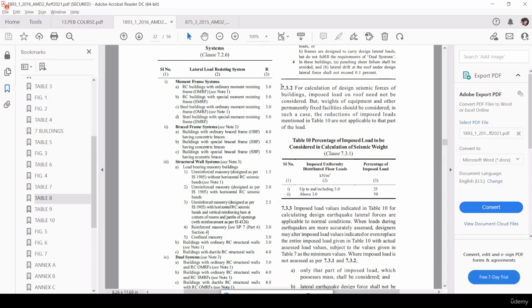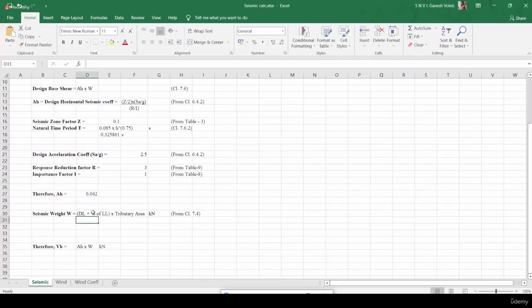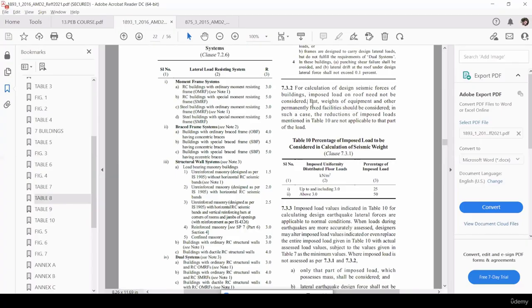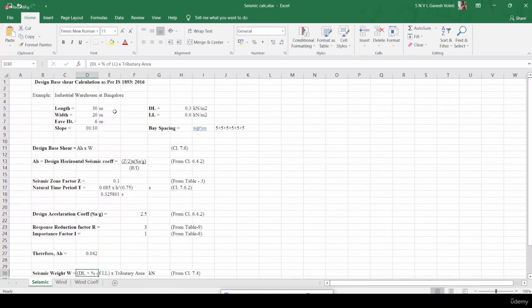If you see clause 7.3.2, I'm telling you again, clause 7.3.2, if you observe this, for calculation of design seismic forces of buildings, imposed load on roof need not be considered. So according to our formula, dead load plus some percentage of live load into tributary area, right? But if there is no mezzanine in the structure, for example, we are taking a simple structure here, there is no mezzanine, only one roof will be there.